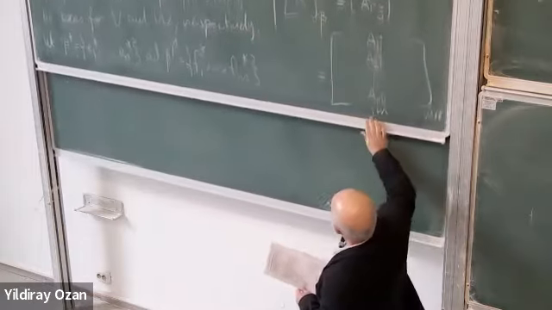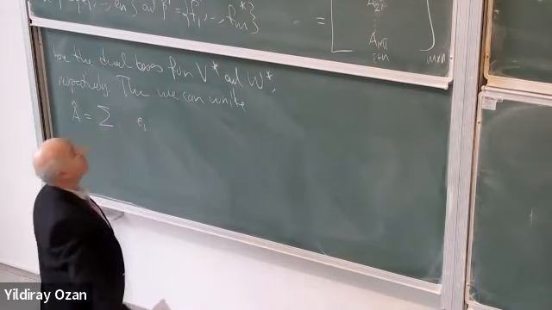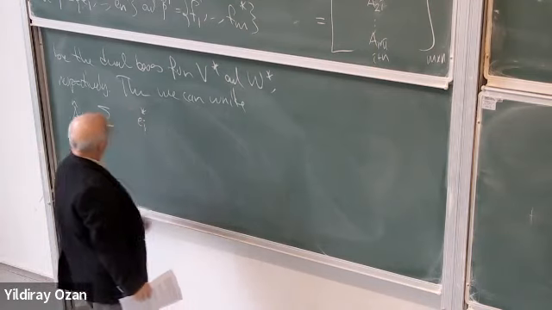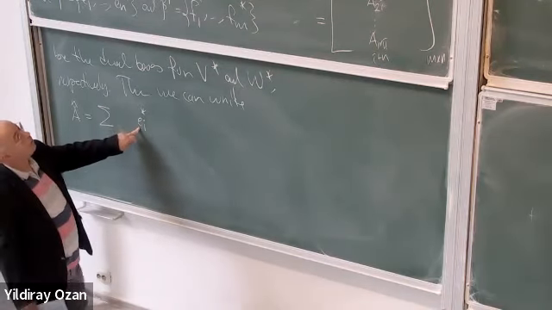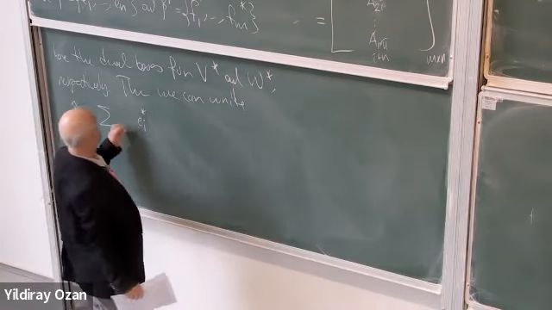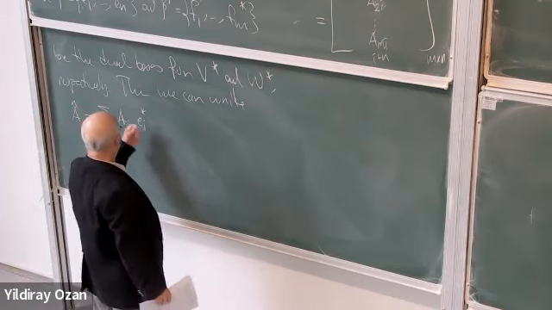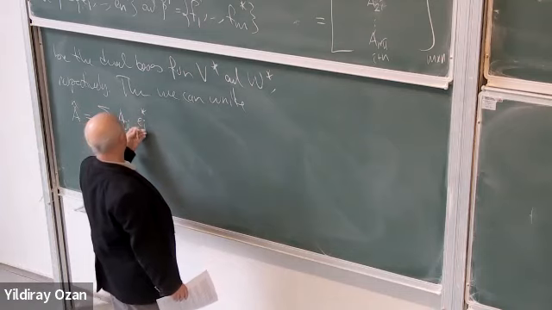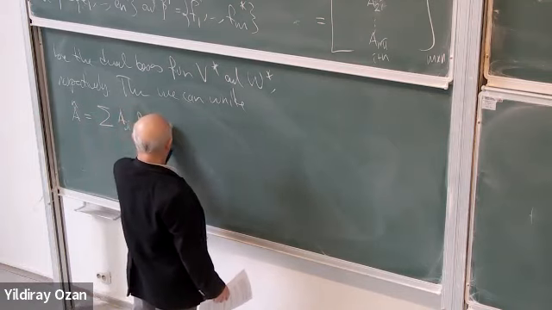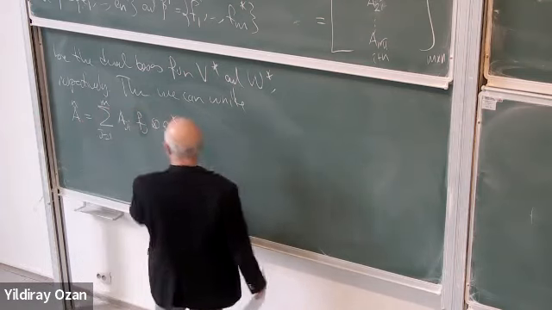So, when e_i is fed in, this will eat e_i and give us what? It will give us the sum of a_ji f_j. So I should write the sum over i and j, from 1 to n, of a_ji f_j ⊗ e_i*.